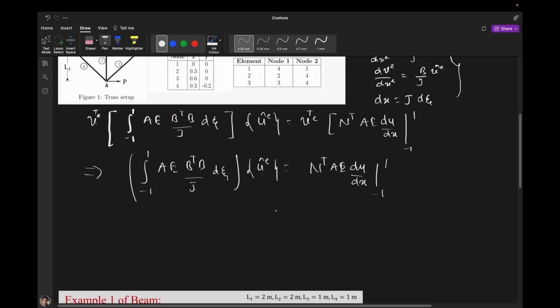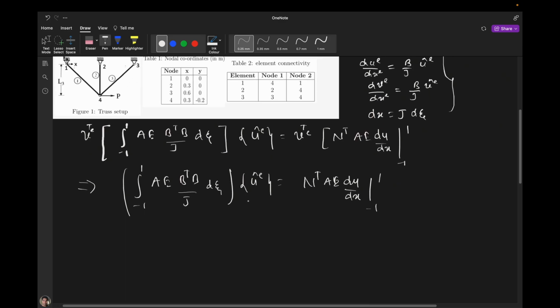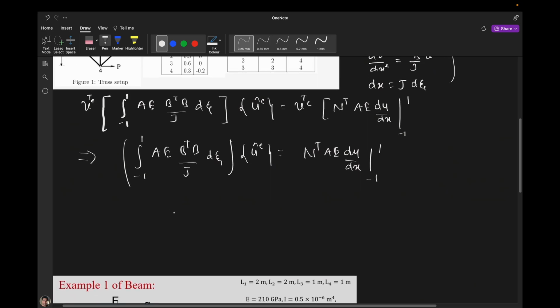So this is the form we can use for each element, and here we can see that this is nothing but the element stiffness, which we write as K underscore E, but this is not in the global coordinates, so we need to take care of that. And this will also be F underscore E.